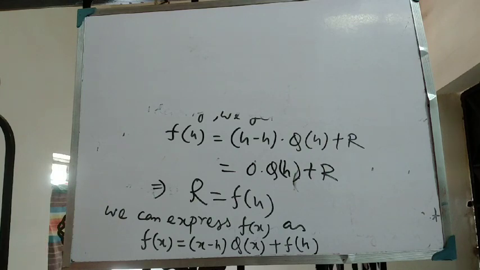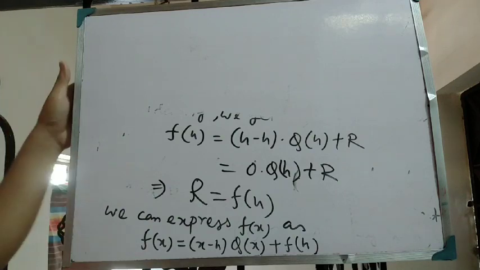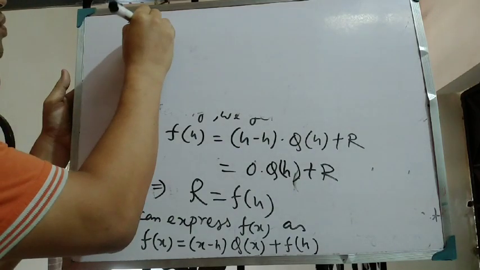That means when you take x equals h, then you clearly see that the polynomial vanishes.